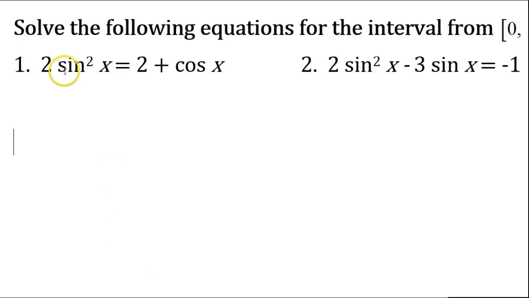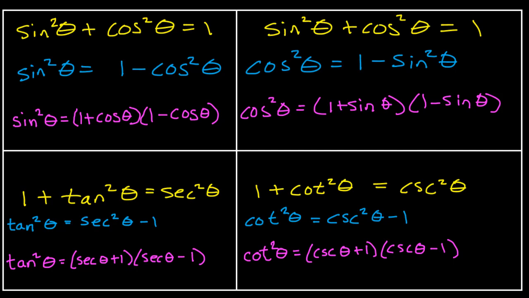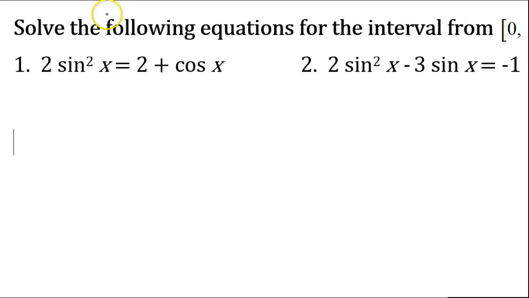So when I see sine squared x, I know I'm going to find that on the chart. Well, sine squared theta anyway. So sine squared is equal to 1 minus cosine squared. So I should be able to make that substitution.